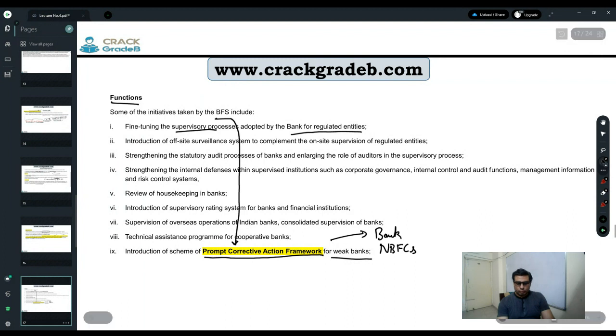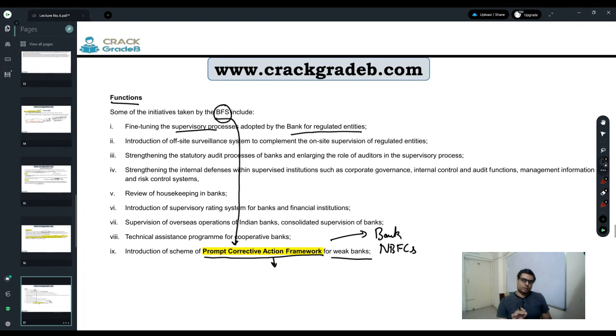So this is one of the most powerful powers the Board of Financial Supervision has. The Board of Financial Supervision collects the data from all supervisory subsystems of the Reserve Bank of India, and from that data, if required, the Board of Financial Supervision is going to push the prompt corrective action. So if they ask a question in the exam, who is responsible, right?